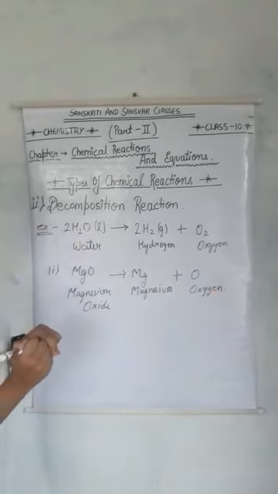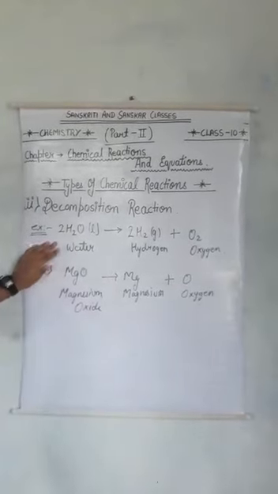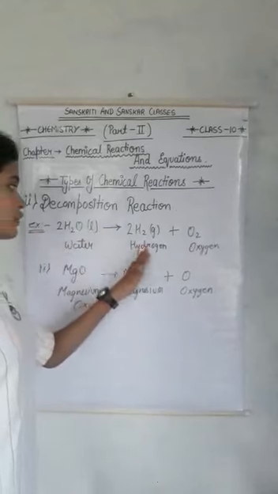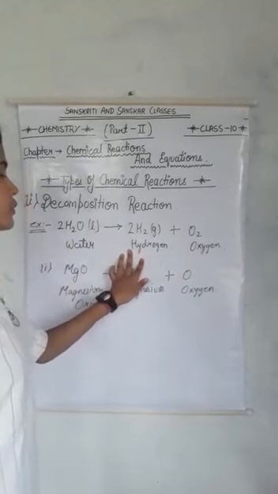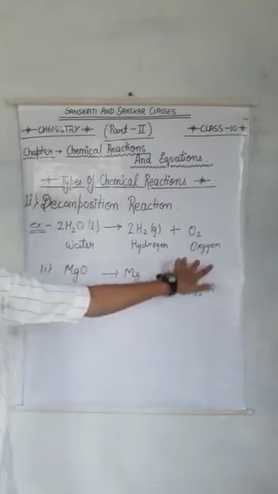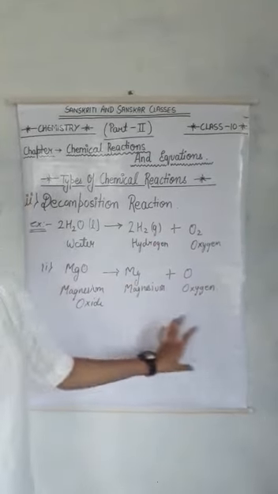So I think you all have understood the decomposition also. Here water is decomposed into two substances, two gases, hydrogen and oxygen. Here magnesium oxide is giving out magnesium and oxygen.